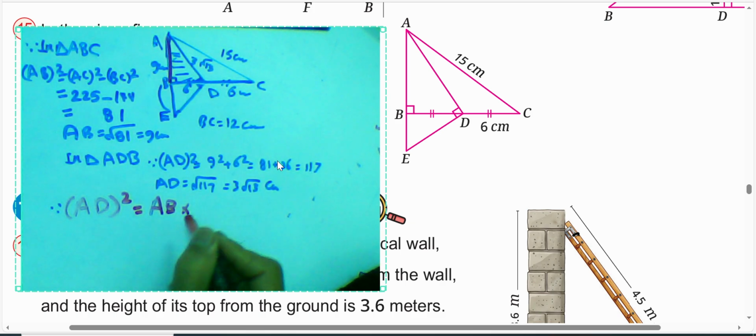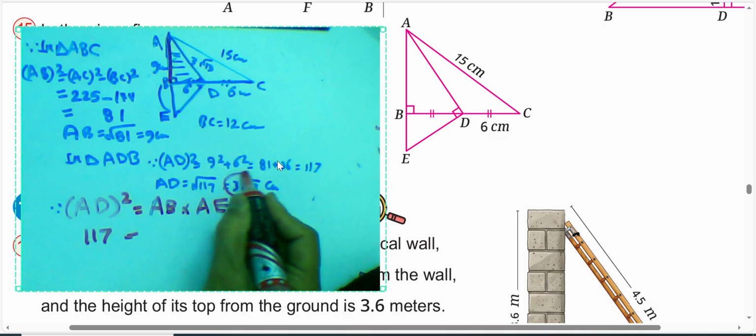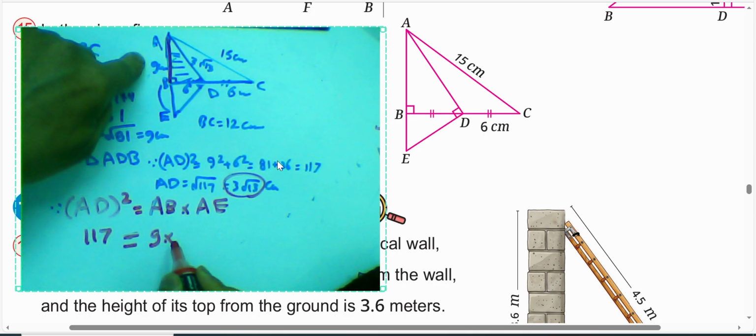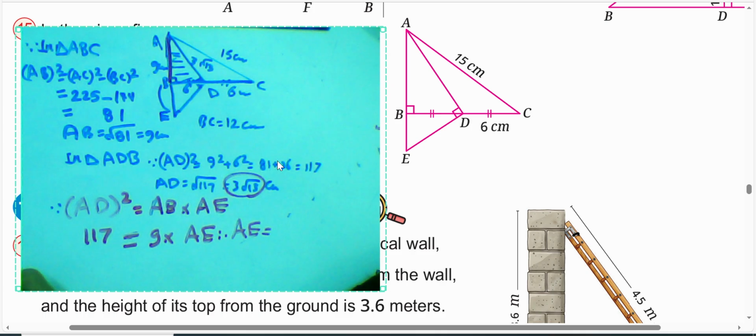Then AD power 2 equals 117, 3 root 13 power 2, it will be 117, equals EB, which is 9, product by EE. Then EE equals 117 divided by 9, equals 13 centimeter. The length of EE is 13 centimeter.